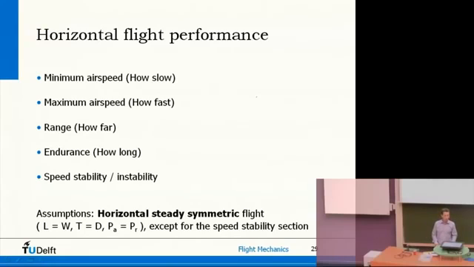That's an important thing to be aware of as a pilot, and it's fairly easy to solve with our equations of motion. Now, like I said, we're considering horizontal, steady, symmetric flight. So lift is equal to weight, and thrust is equal to drag. In other words, since power is a force times a velocity, thrust equal to drag also means that thrust times velocity equals drag times velocity.